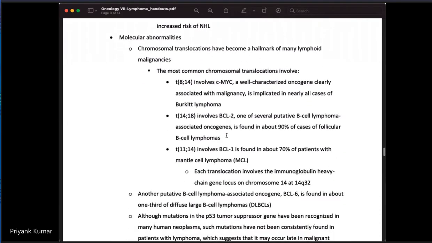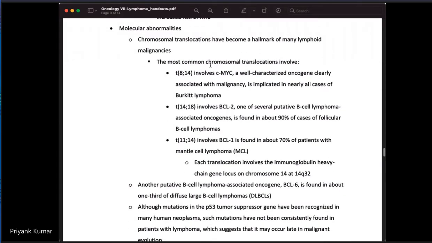Molecular abnormalities are important. The most common chromosomal translocation is T(8;14), that involves mutations in c-MYC in Burkitt lymphoma. T(14;18) involves mutations in BCL2.